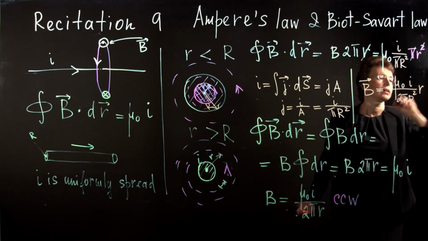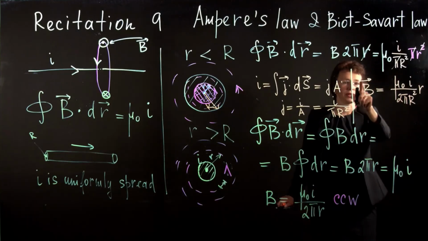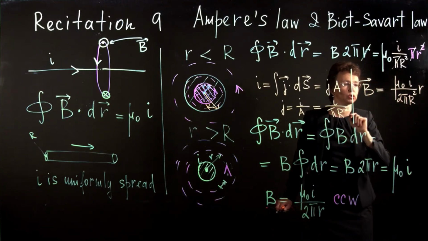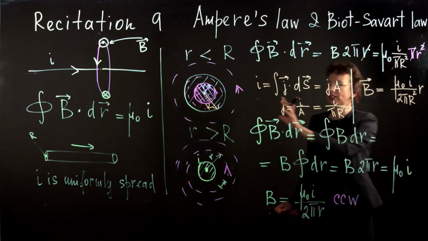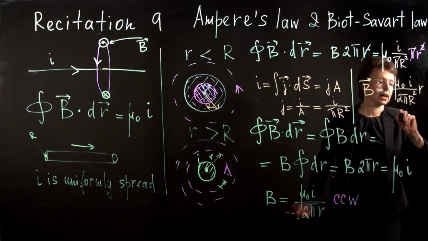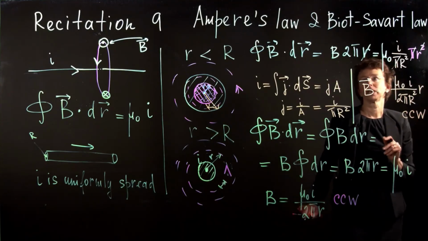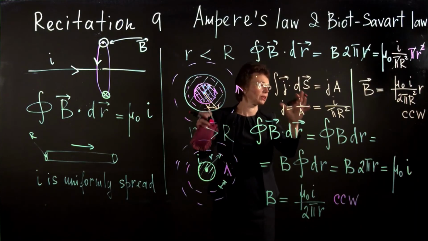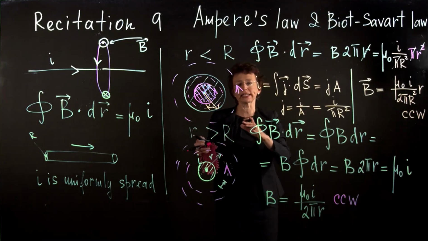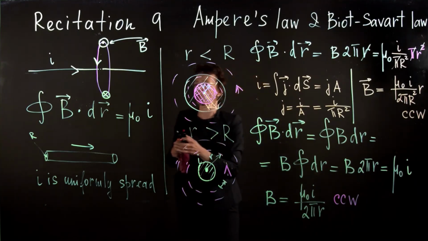This magnetic field is a vector, so we do not forget to indicate the direction. What is the direction of the lines of the magnetic field? It is counterclockwise. Now let's plot the picture of the lines of the magnetic field inside and outside of this wire.